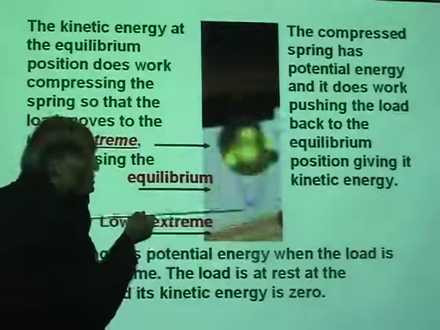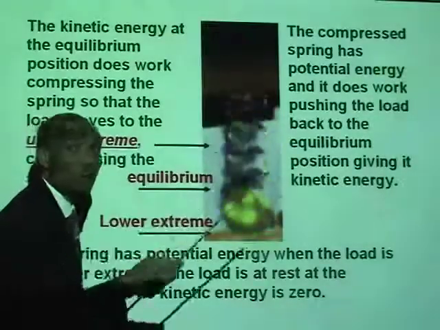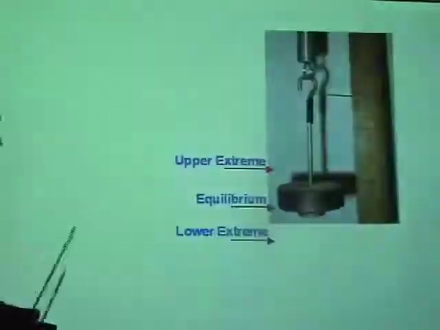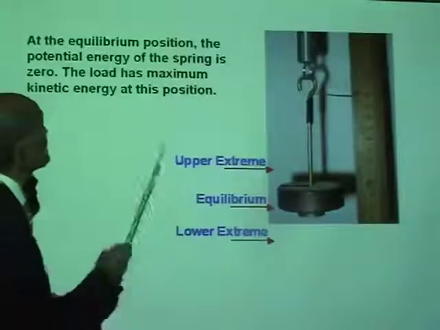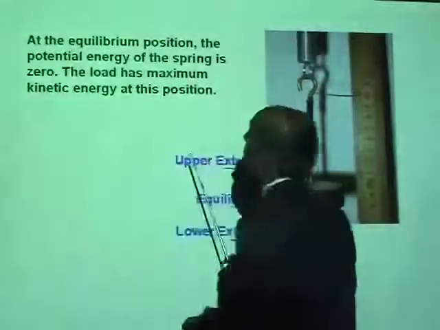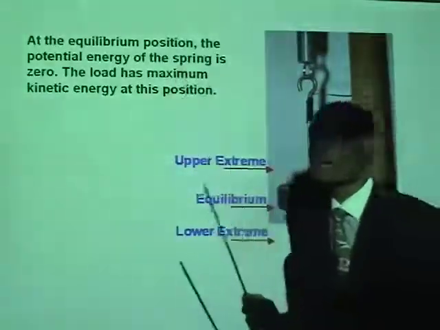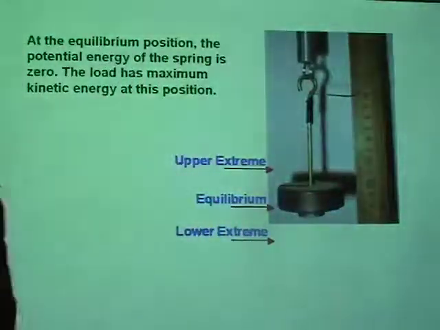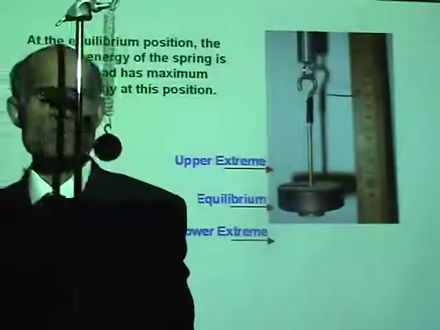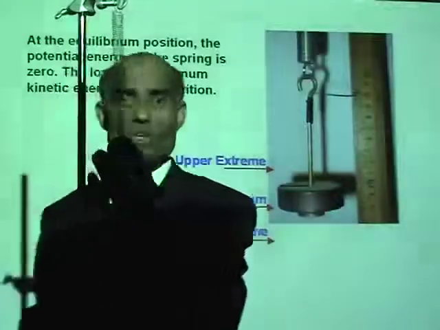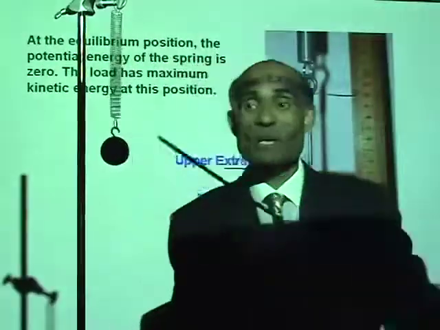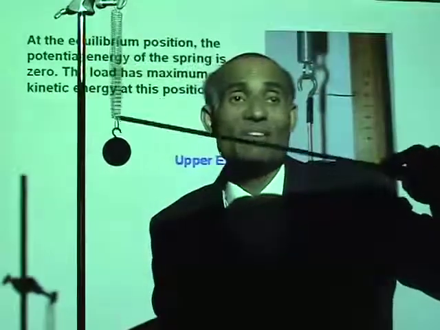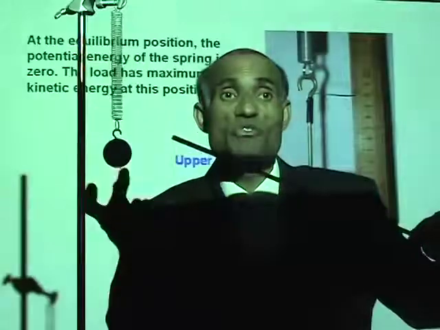In between, it has both potential energy and kinetic energy. At the equilibrium position, the potential energy of the spring is 0. Do you understand that? At the equilibrium position, the load is at the equilibrium position and the spring is at its natural length. The potential energy is 0.